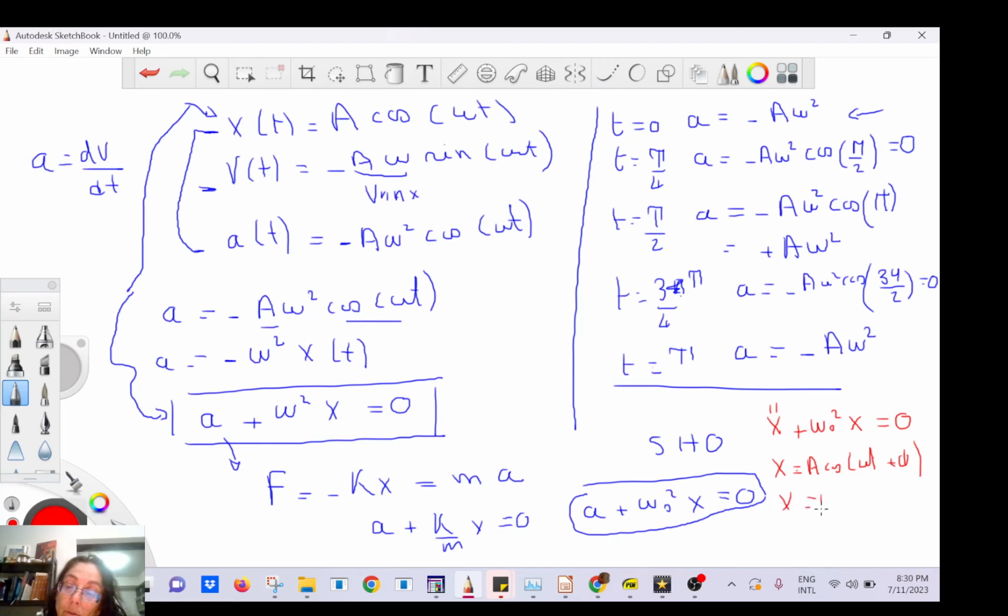Or it could also be a sine, or it could be a sine plus a cosine. All those will be solutions. So this is the equation for a simple harmonic oscillator. Okay, so we just proved that.